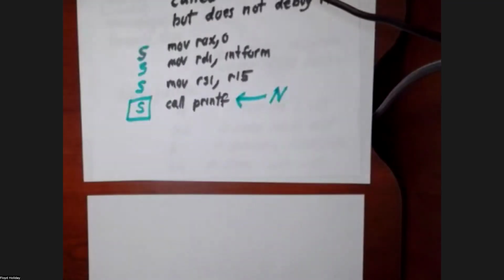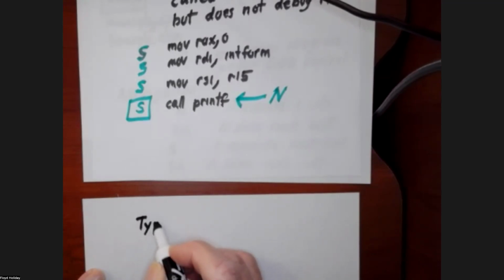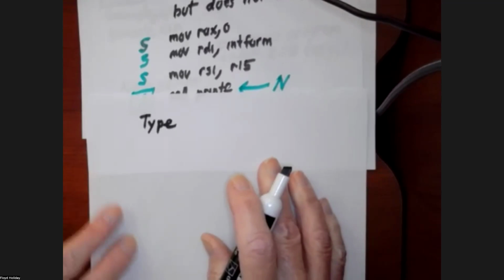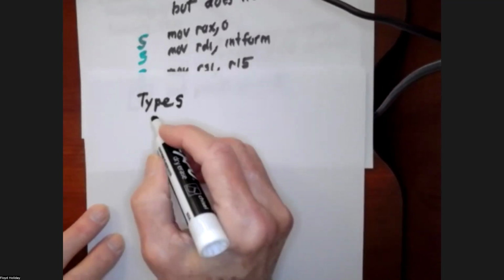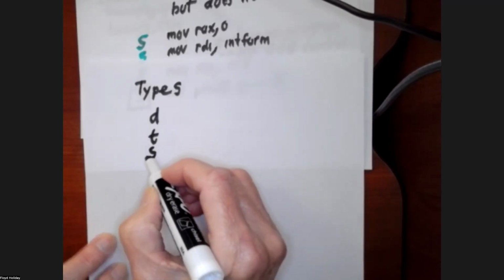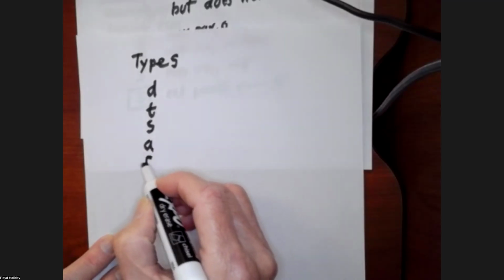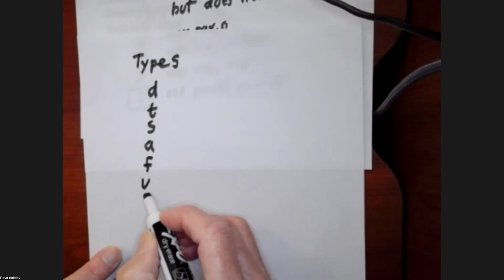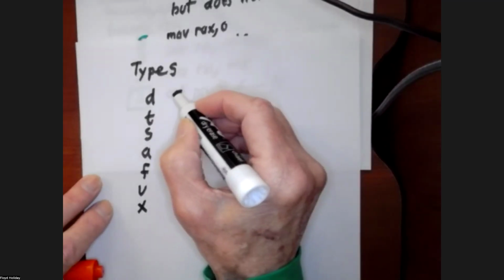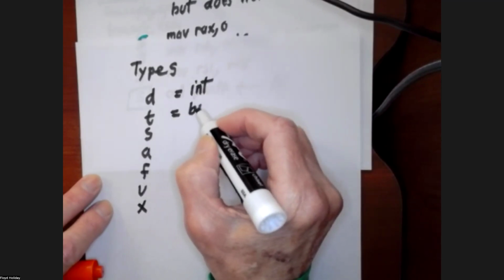Okay. Data typing. We need to know types, and they change on us. D, T, S, A, F, U, and X. Okay, so D is integer data. T is binary.